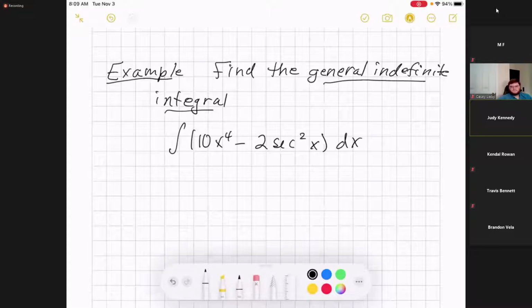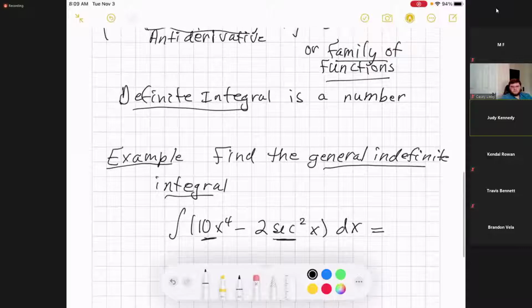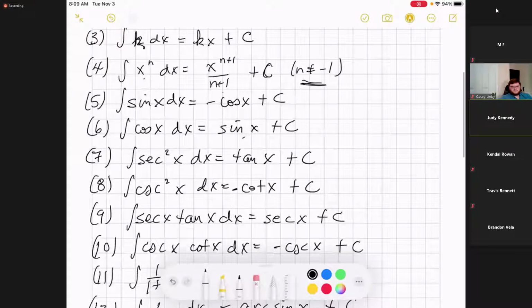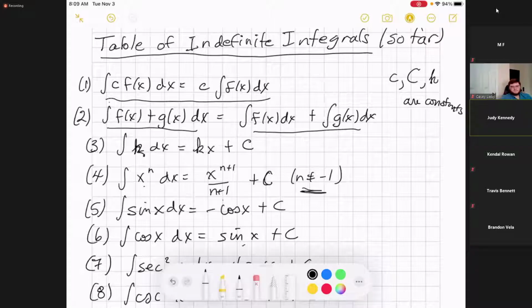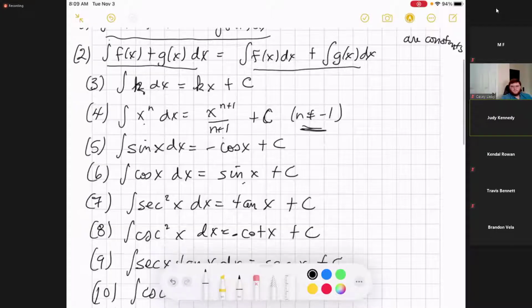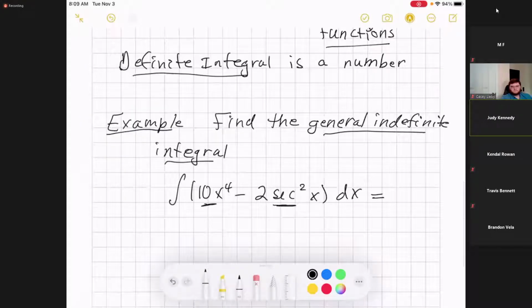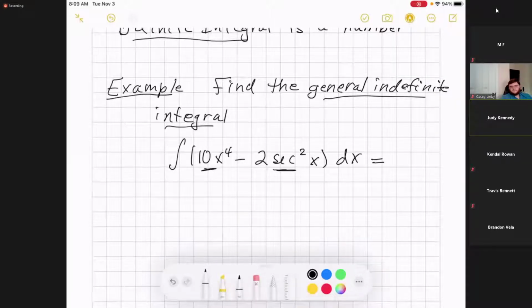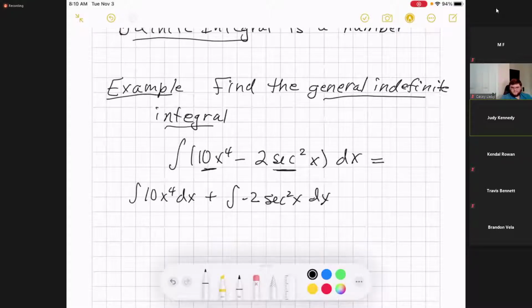Well, I've got two functions added there, so I can break this into the sum of two integrals using property 2. So that's going to be the integral of 10x to the 4th dx plus the integral of minus 2 secant squared x dx.